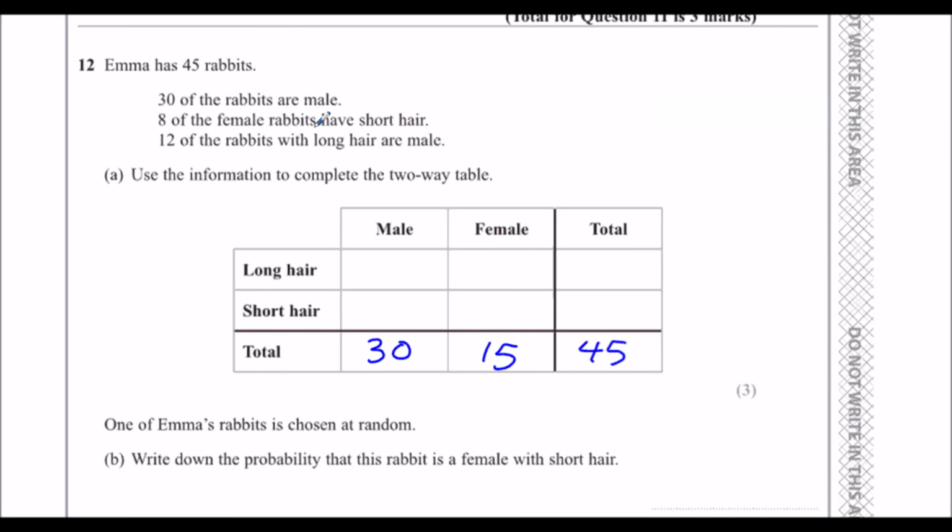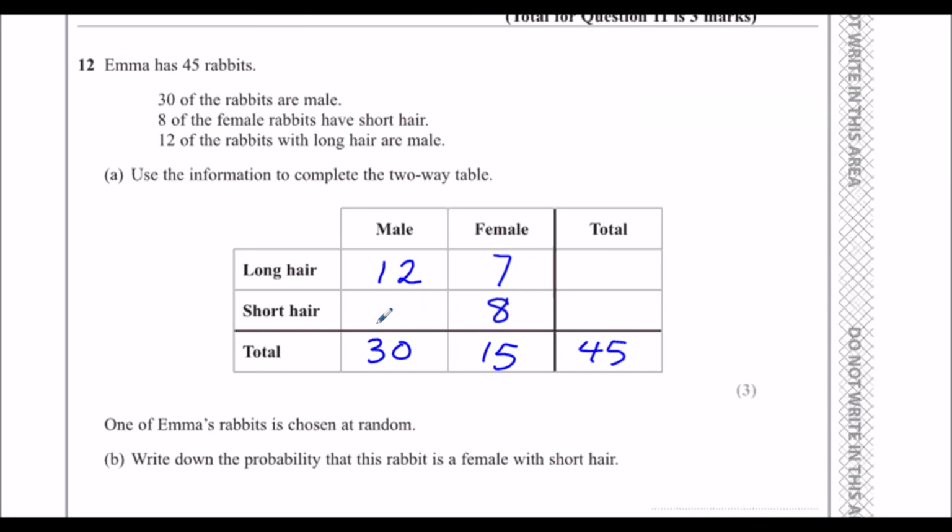8 of the female rabbits have short hair, so short hair, female, 8. And we could fill out long hair as well now. There's 15 of them, 8 have short hair, so 7 must have long hair. 12 of the rabbits with long hair are male, so 12 long hair male.